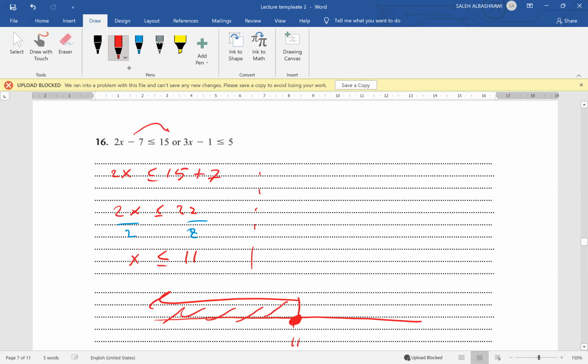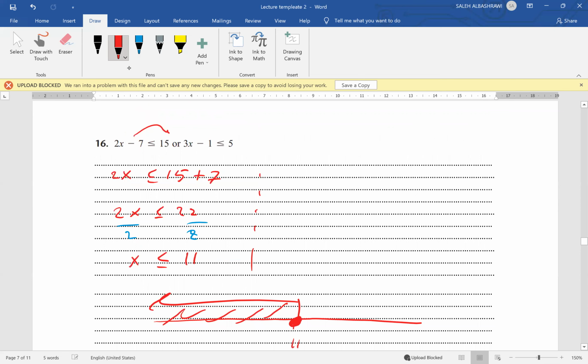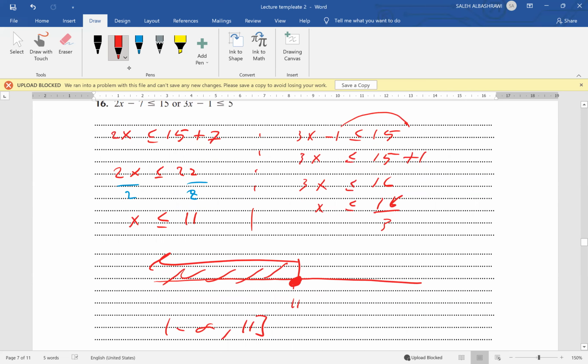For the second one, I have 3x minus 1 less than or equal to 5. Move this to the other side, it will be 3x less than or equal to 5 plus 1. So it is 3x less than or equal to 6, and x will be less than or equal to 16 divided by 3. So 16 over 3 is about 5 and 1/3.